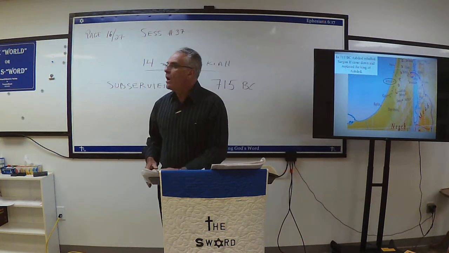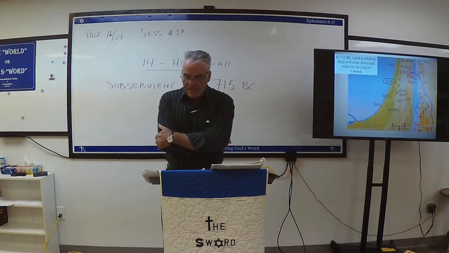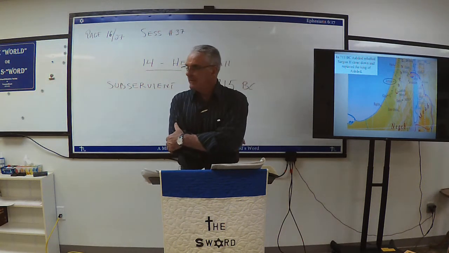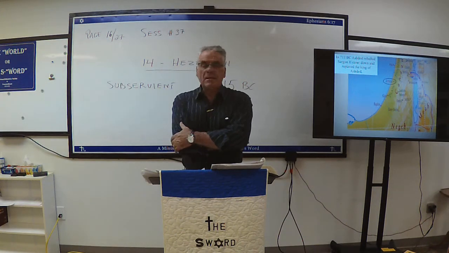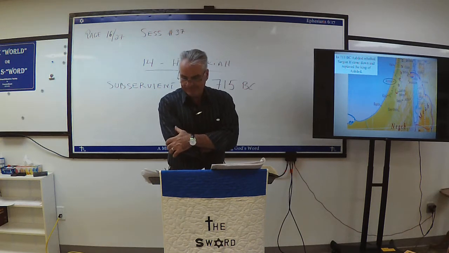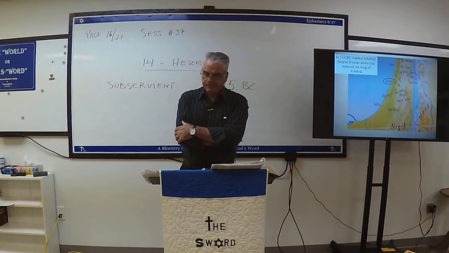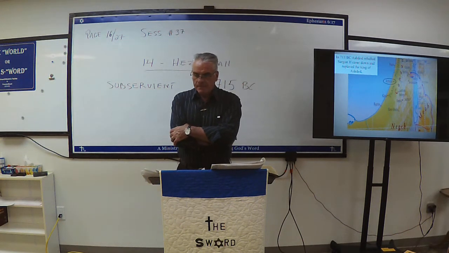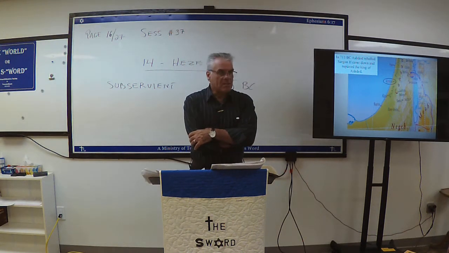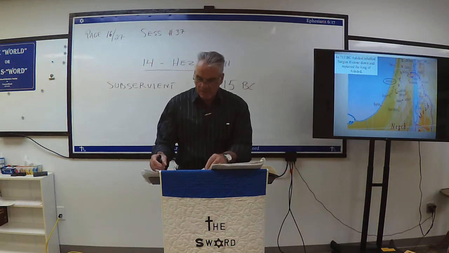In 712 BC, the year after that, Ashdod rebelled again because of the Egyptian agitation. Sargon II came down again.